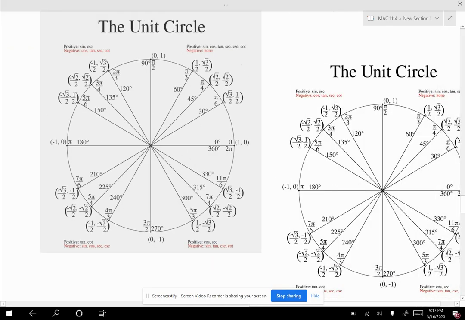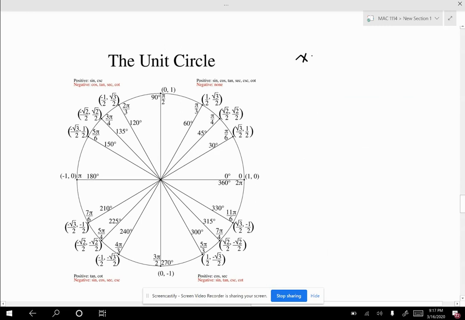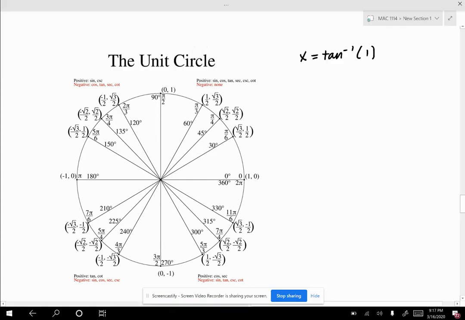So they're interested in where x gives me an inverse tangent value of 1. So tangent, remember, is the same thing as y over x. And because it's 1, that means that I need an angle whose coordinates are the same so that when I divide them, I get 1. So that's going to be pi over 4.